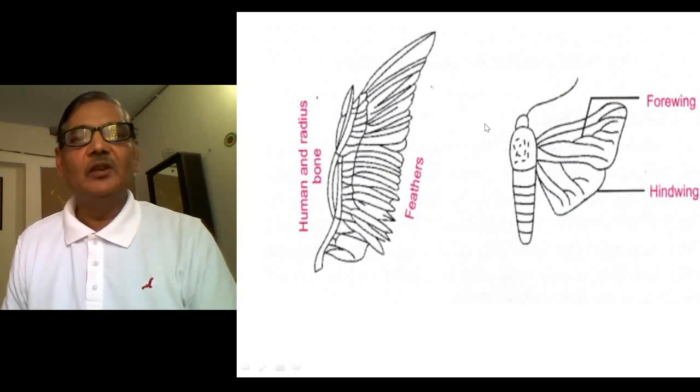So structurally the wings look similar in these two different types of animals, and they perform the same function. Such a thing is known as analogy or analogous organs, an example of convergent evolution.